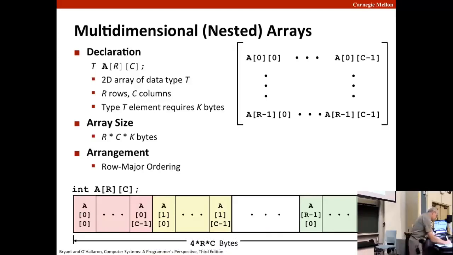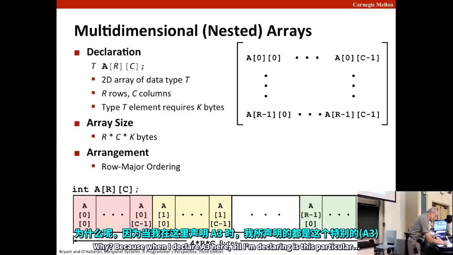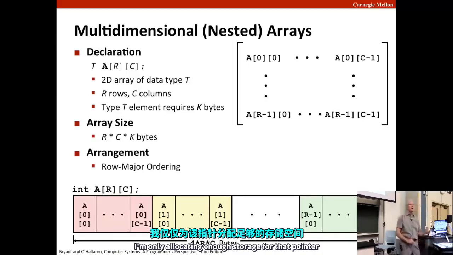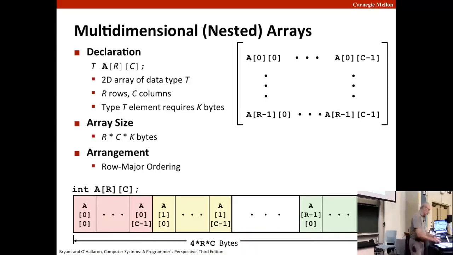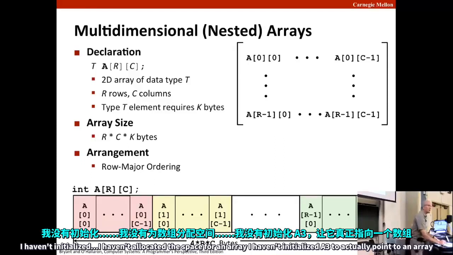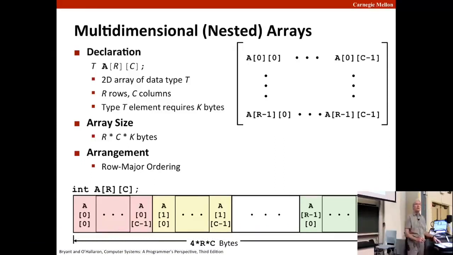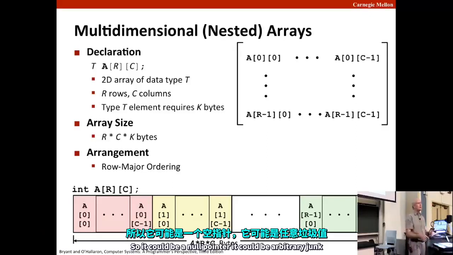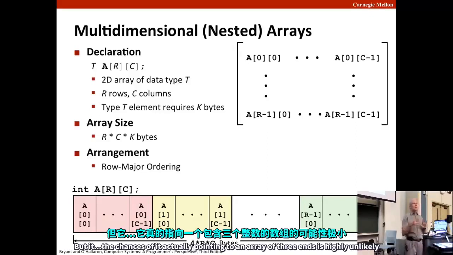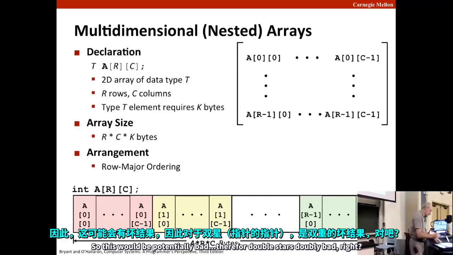Yes. Why? Because when I declare A3 here, I'm only allocating enough storage for that pointer. I haven't allocated the space for an array. I haven't initialized A3 to actually point to an array. So it could be a null pointer, it could be arbitrary junk, but the chances of it actually pointing to an array of 3 ints are highly unlikely. So this would be potentially bad, and therefore double star is doubly bad, right?